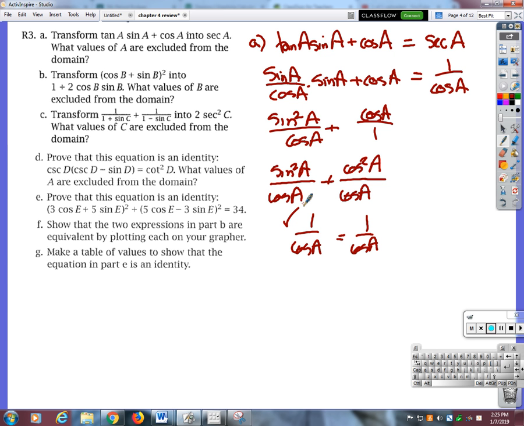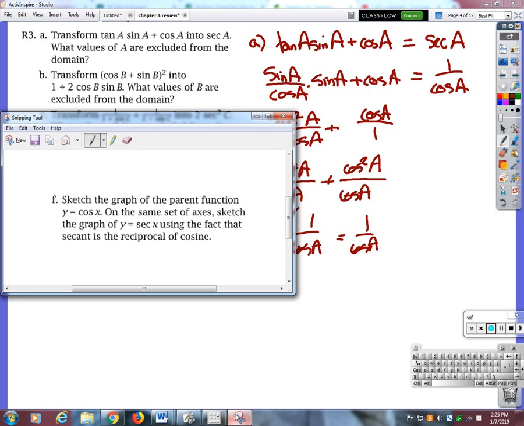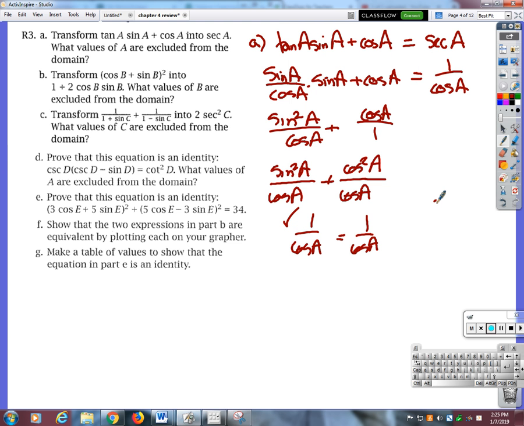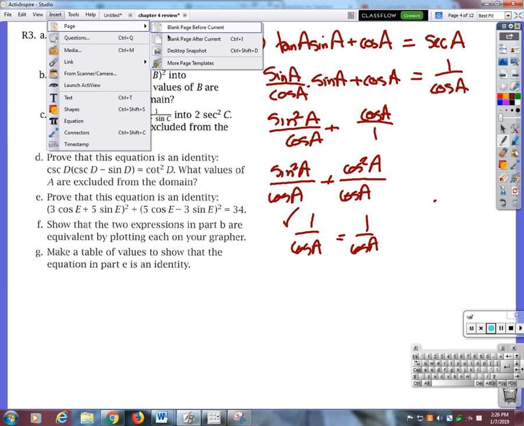So we are done there. 1 over cosine A equals 1 over cosine A. We used the fact that sine squared plus cosine squared equals 1 to put those together like that. All right, let's try another one.